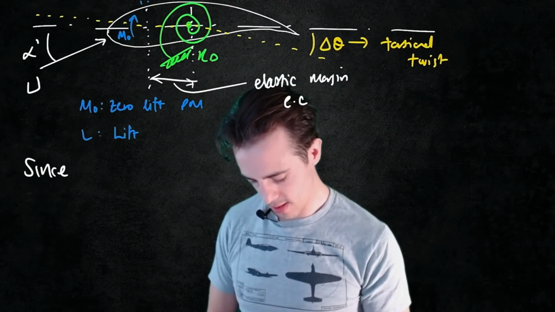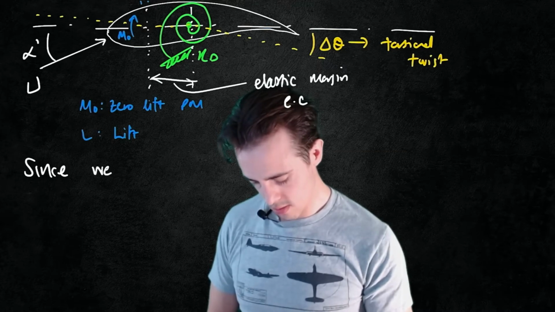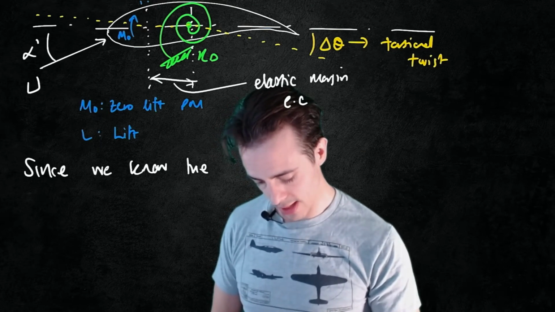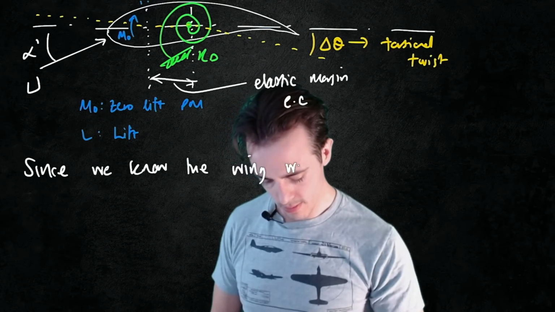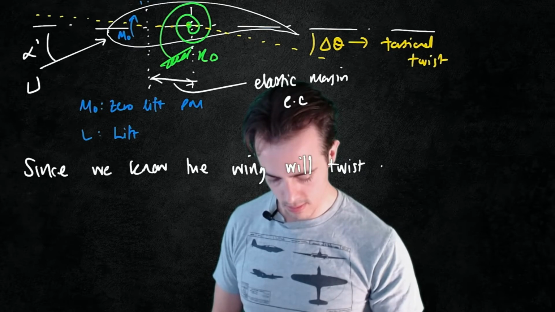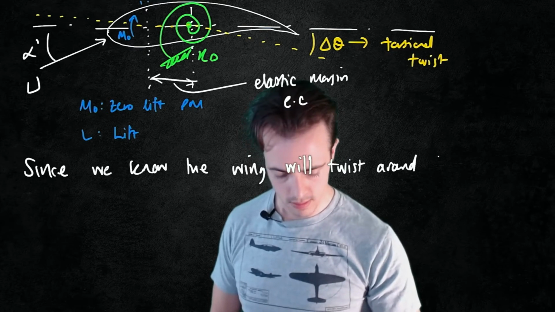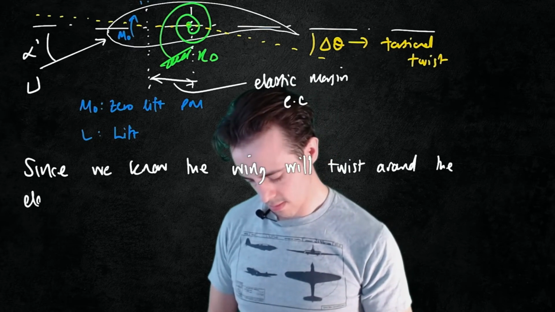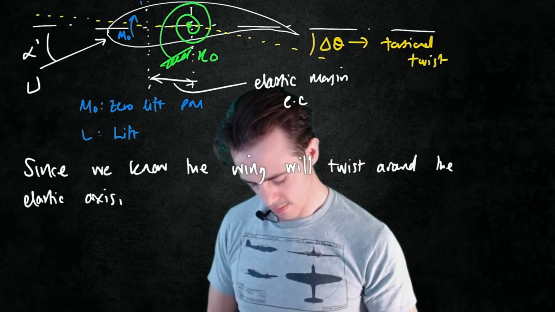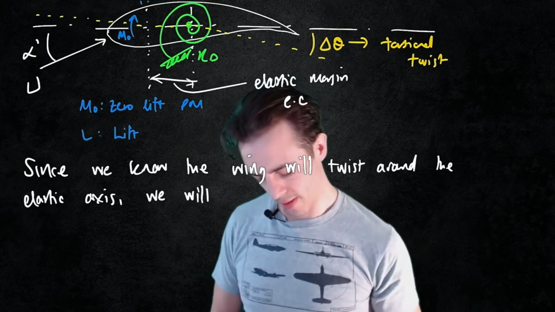So since we know the wing will twist around the elastic axis, we're then going to collect moments there.